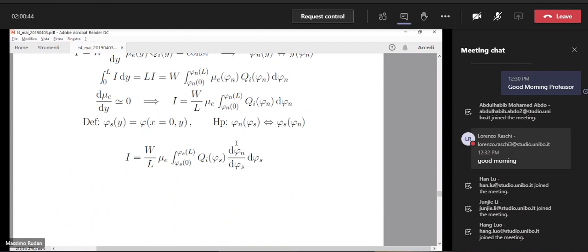So using the approximations that we just illustrated, this derivative is equal to 1, and the expression of Qi becomes extremely easy. So the integral can be done very, very easily.